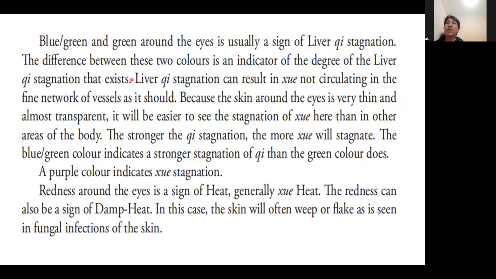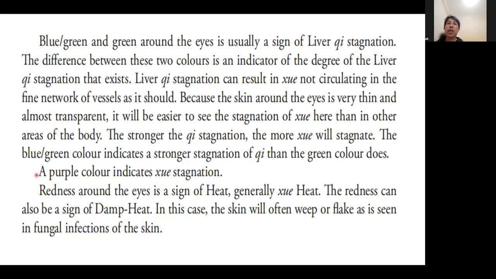Because the skin around the eyes is very thin and almost transparent, it will be easier to see the stagnation of xue here than in other areas of the body. The stronger the qi stagnation, the more xue will stagnate. The blue-green color indicates a stronger stagnation of qi than green color does.